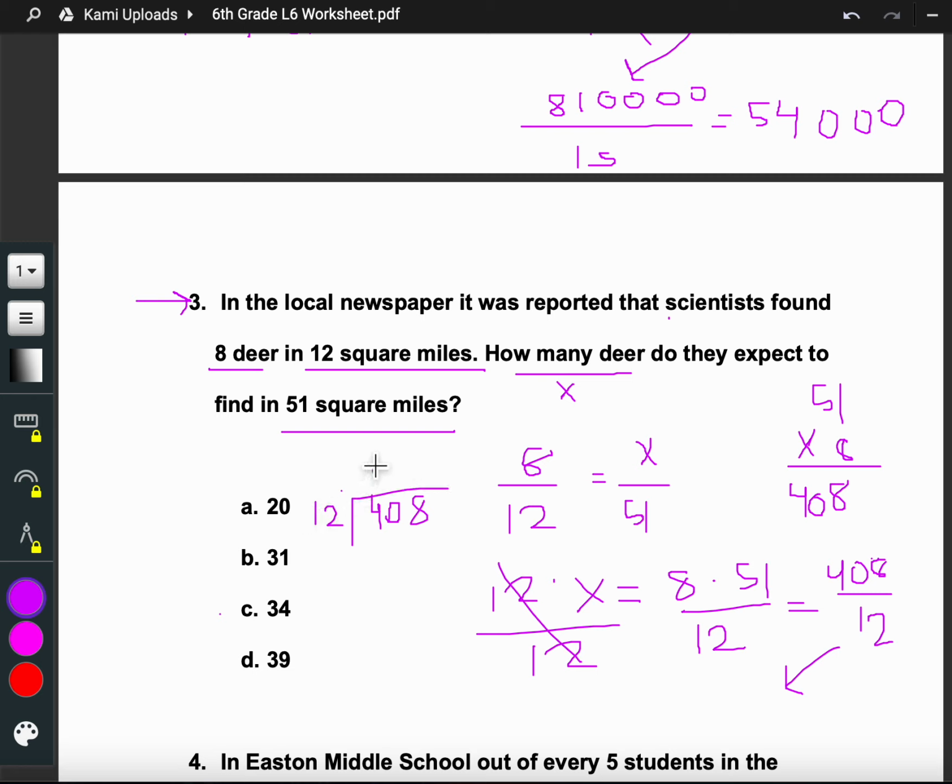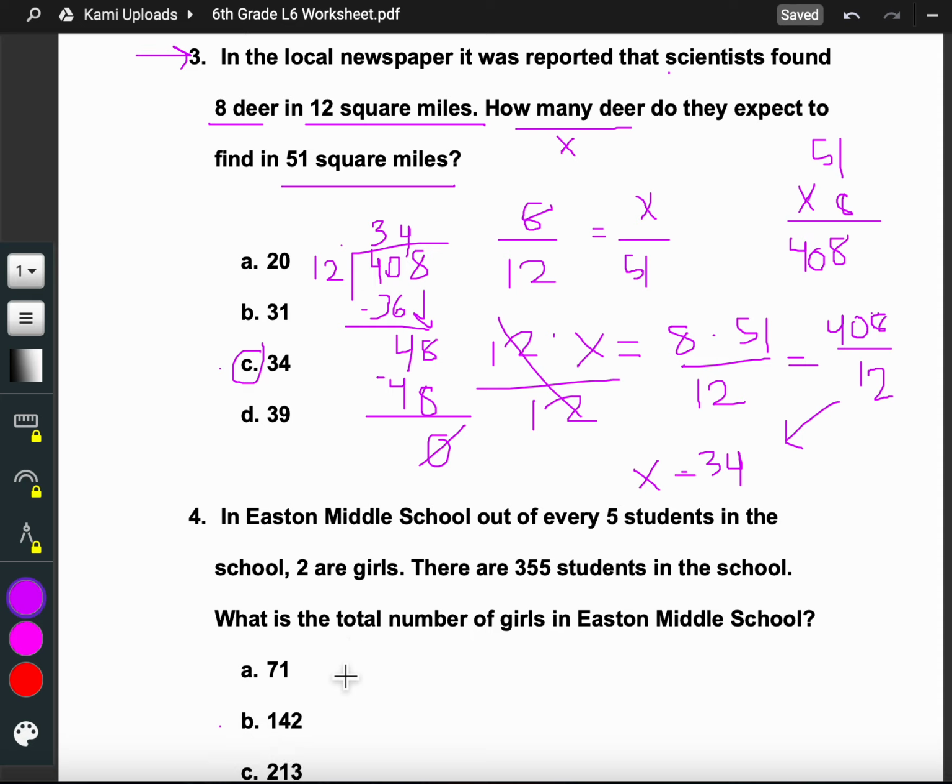So 12 times 3 is 36. So we're left with 4, bring down the 8, and it's 12 times 4, which is 48. So then we know that X equals 34. So they expect to find 34 deer in 51 square miles.